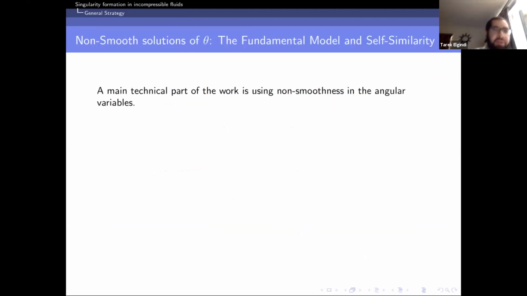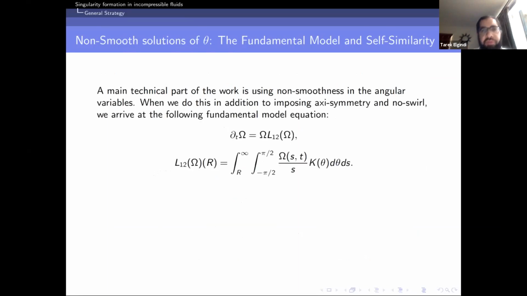If you further introduce non-smoothness in the angular variable, and you impose axisymmetry, so that means you fix the z-axis and you say that the velocity is invariant under rotations fixing the z-axis, and you also impose that the velocity does not swirl around that axis, then you can reduce the equation to this simple equation. This is that Riccati type equation.